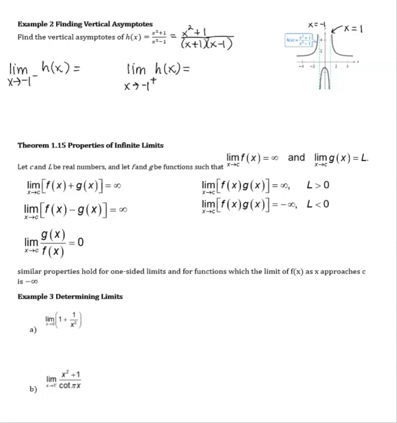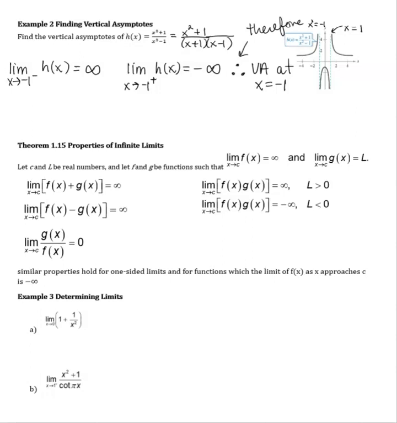As we approach negative 1 from the left, the graph is shooting up to positive infinity. As we approach negative 1 from the right, the graph is shooting down to negative infinity. Because both of those left and right-sided limits are positive or negative infinity, therefore, there is a vertical asymptote at x is equal to negative 1. These 3 dots right there mean therefore.